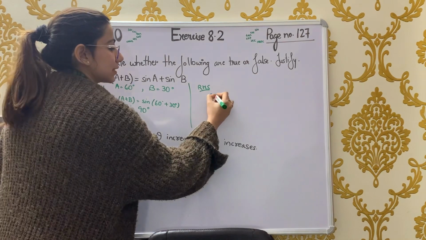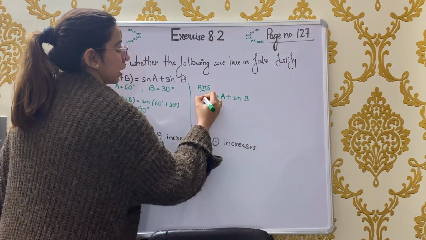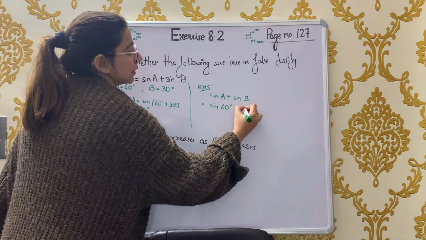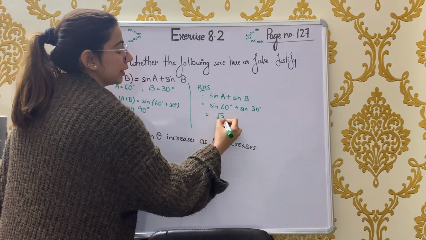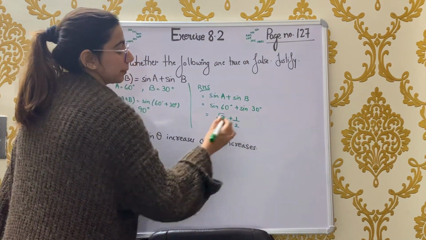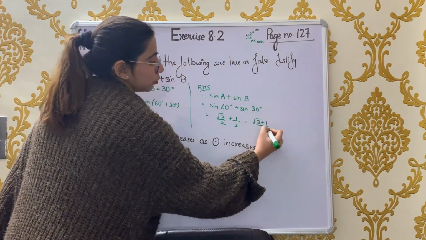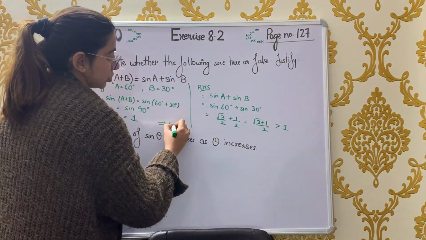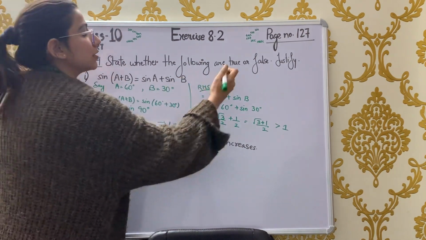We have sin A + sin B, that would be sin 60 + sin 30 degrees. So sin 60 is root 3 by 2 and sin 30 is 1 by 2. Taking the LCM, we get (root 3 + 1) by 2, which would be greater than 1. We can say that LHS is not equal to RHS. So the statement is false.